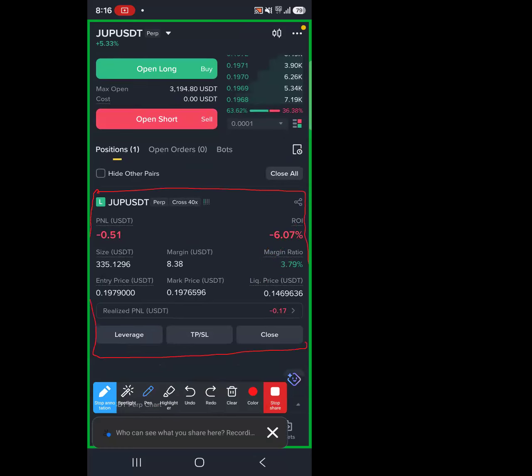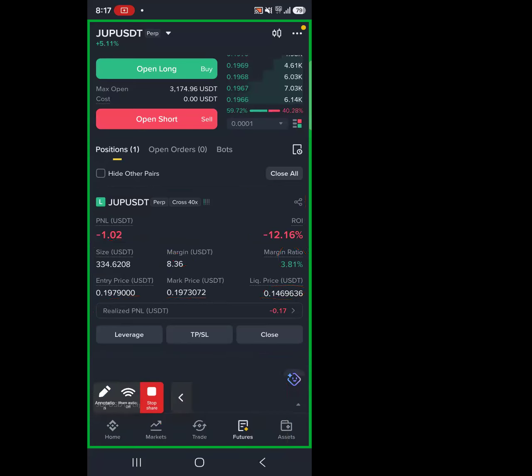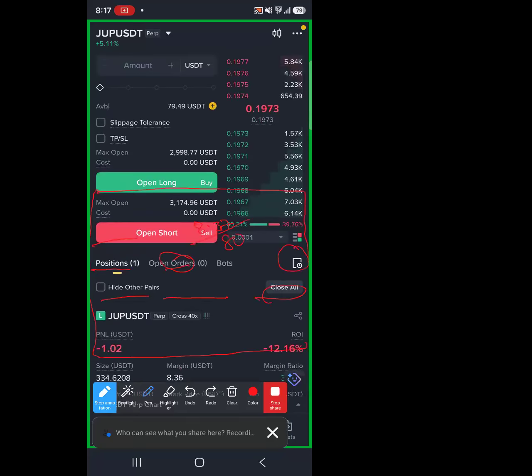Currently our PNL is 0.5. This is the position size. This is our margin, what was deducted. This is the market price. This is the entry price, this is the liquidation price, and this is the margin ratio. So it means 8.37 over 80. That's very good, that's a very long distance to cover.